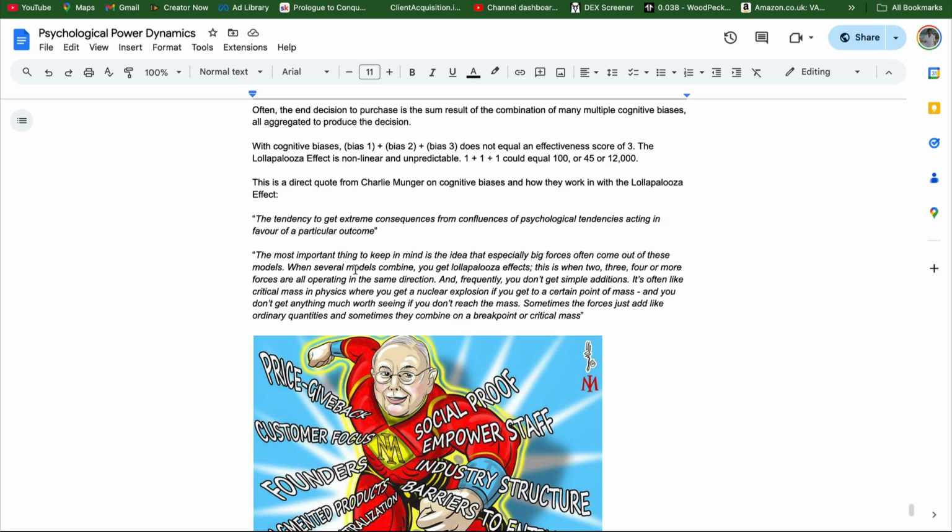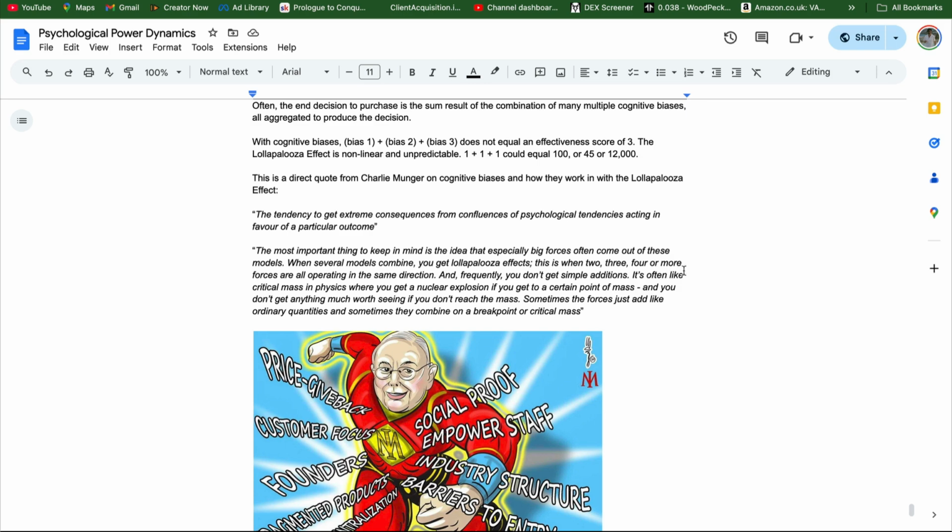The most important thing to keep in mind is the idea that especially big forces often come out of these models. When several models combine, you get the Lollapalooza effect. This is when 2, 3, 4 or more forces are all operating in the same direction. And frequently, you don't get simple additions.